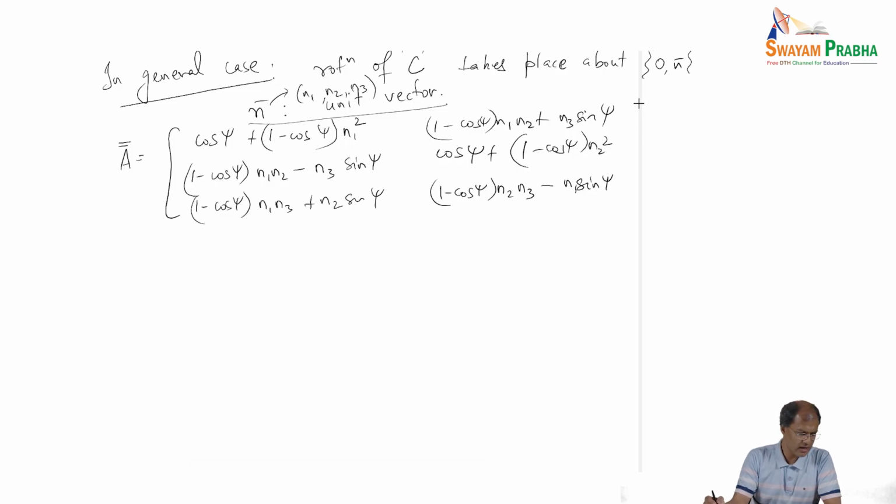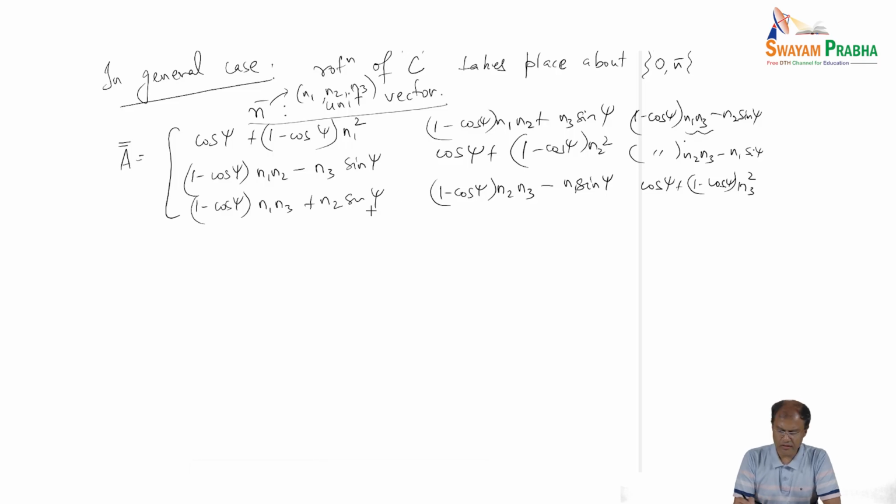And then the last set of three components are 1 minus cos psi n1 n3 minus n2 sin psi. And then similarly we can repeat by permutation of n1 n3, so it will be n2 n3, the same factor repeats, plus n1 sin psi, and then finally the last term is cos psi plus 1 minus cos psi times n3 square.